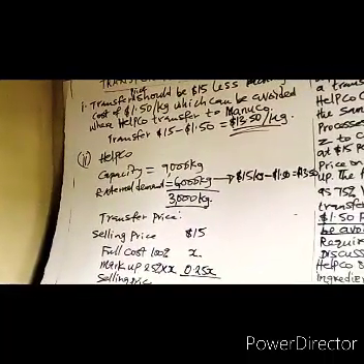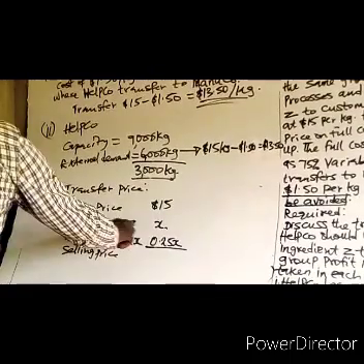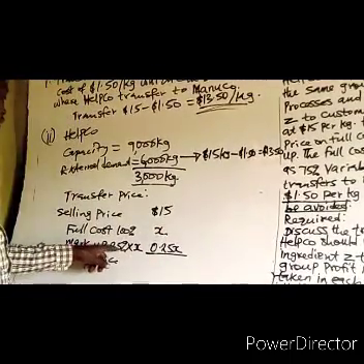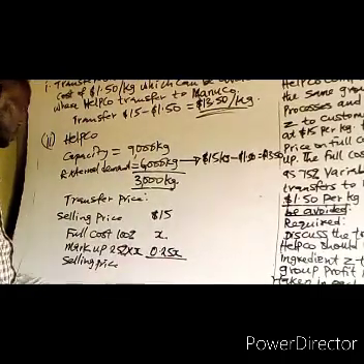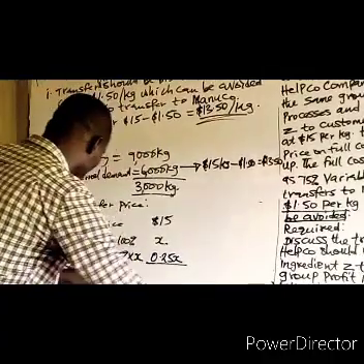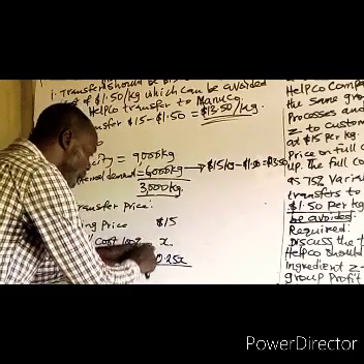So X plus 0.25X, the coefficient of X here is 1.